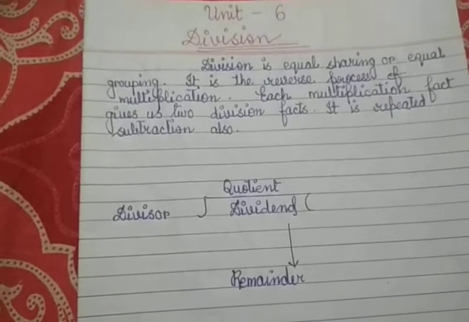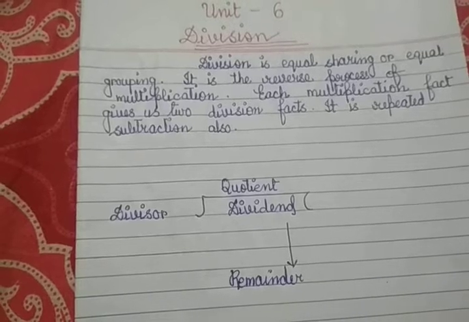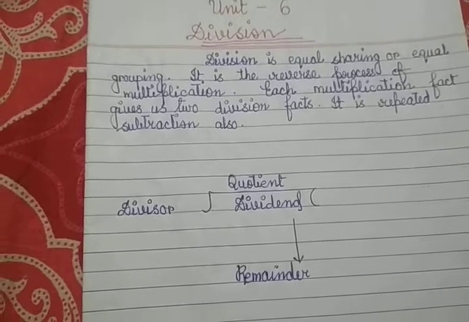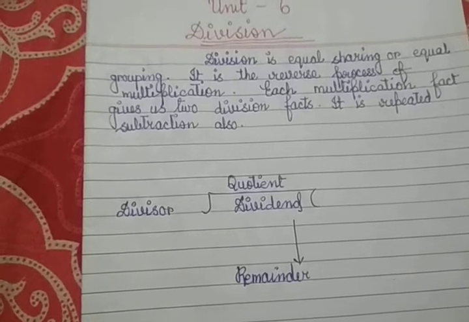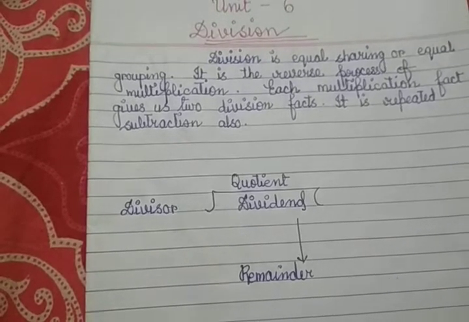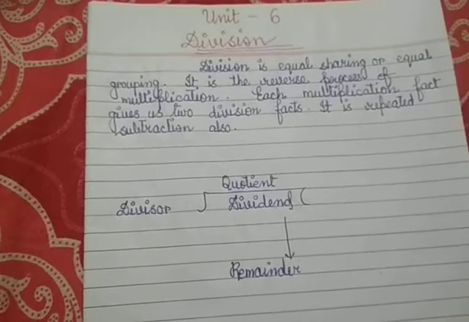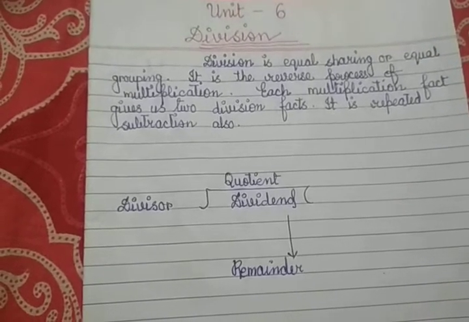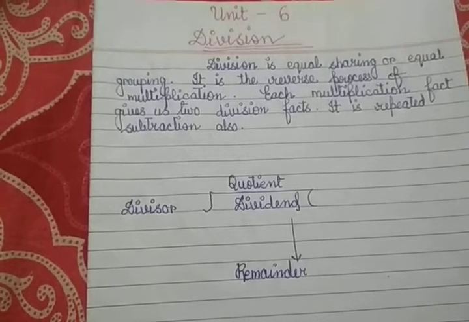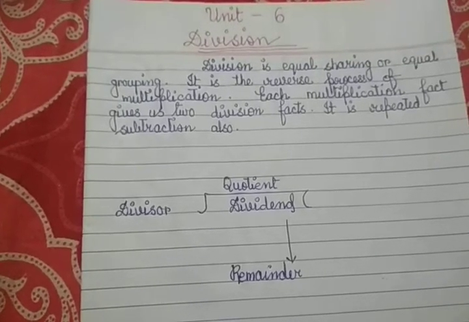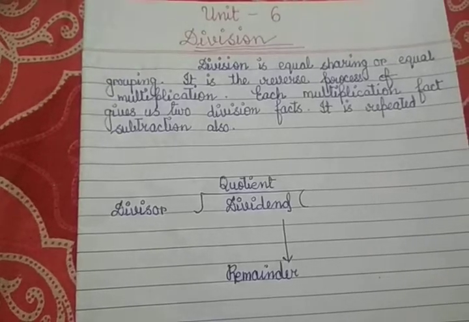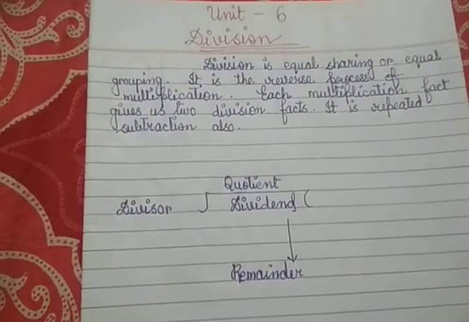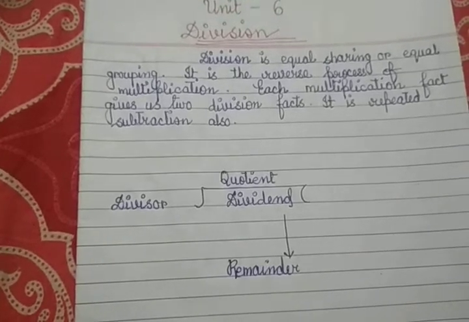Divisor is a number by which another number is to be divided, or we can say a number by which we divide. Quotient is the result of dividing one number by another, or you can say the result obtained. And remainder is the number left over.